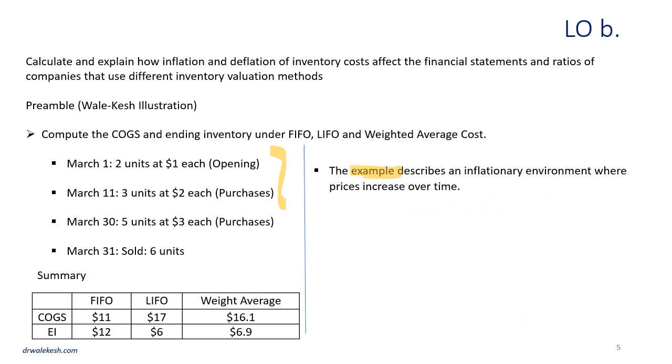The example here describes an inflationary environment where prices increase over time. On the 1st of March, the price of each unit of inventory was $1. Few days later, that's March 11, the price of each inventory had increased to $2.